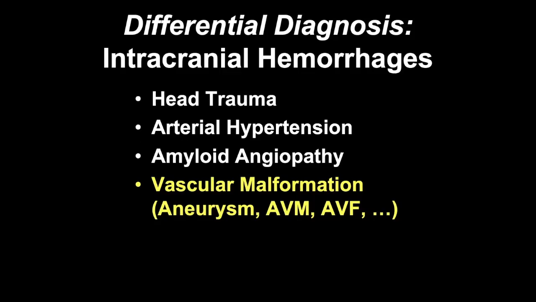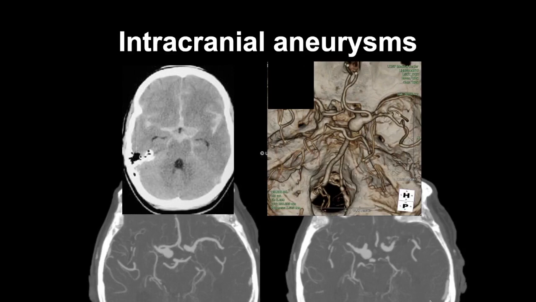So another very important cause of intracranial hemorrhages are all those vascular malformations. I want to show you cases of an aneurysm. So you can see here very diffuse subarachnoid hemorrhage in the interhemispheric fissure, in the bilateral sylvian fissures, also involving the basilar cistern.